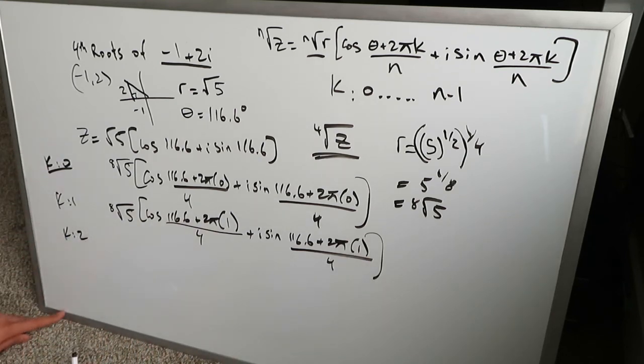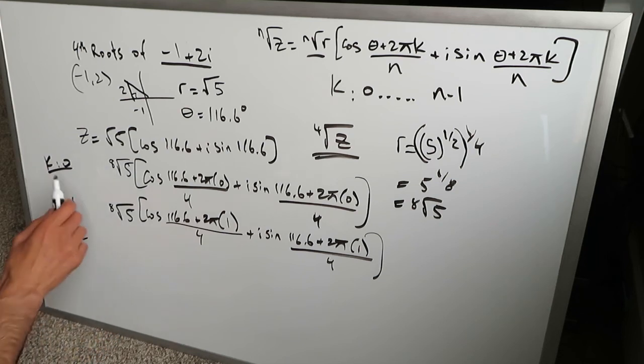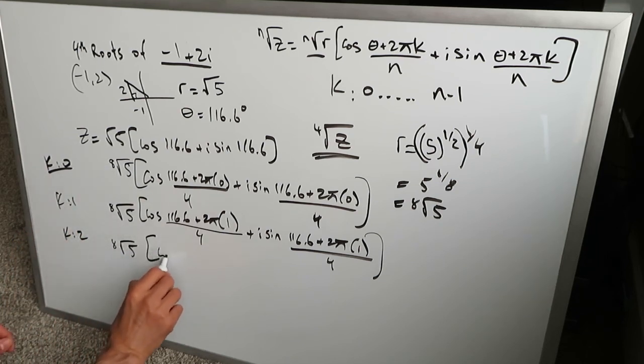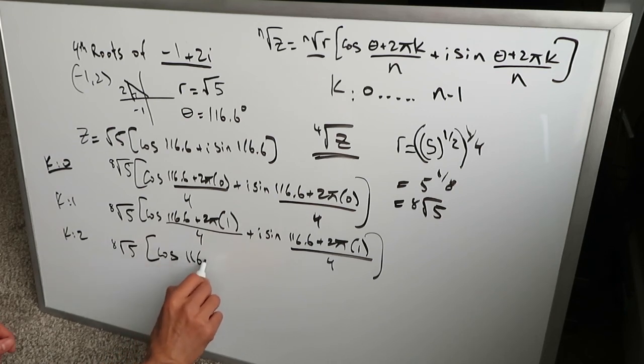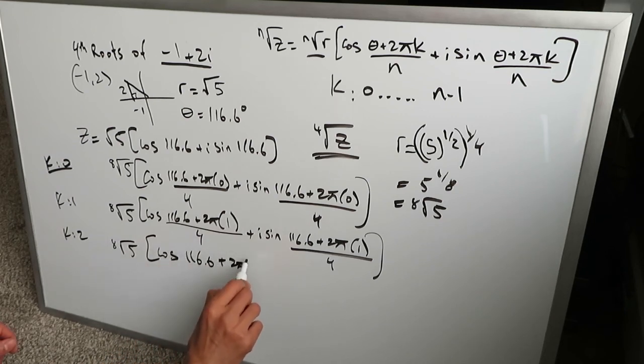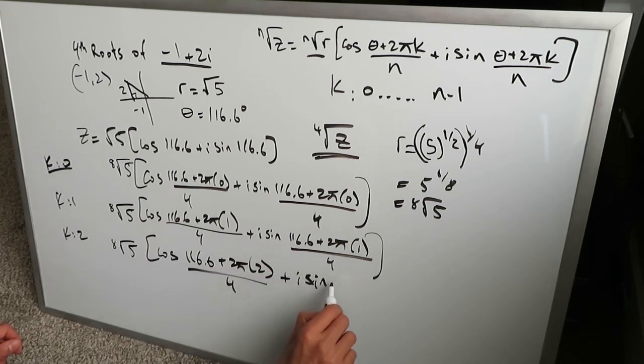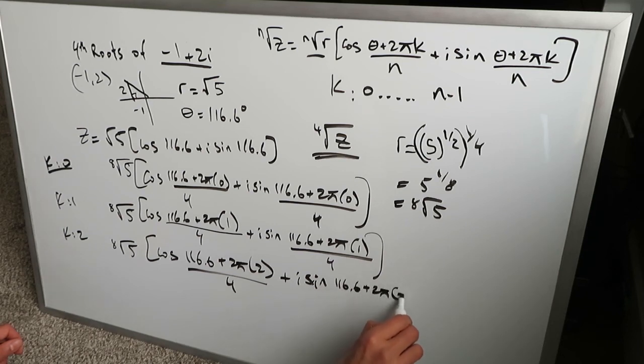We basically have 4 of these k values over here, 0, 1, 2 and 3. Let's write it out. Cosine 116.6 plus 2 pi, here k is 2, divided by 4, plus i sine 116.6 plus 2 pi times 2 over 4.